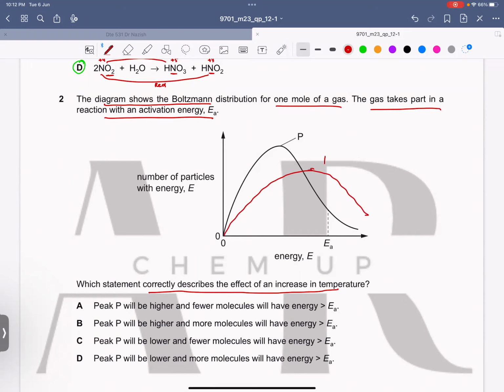So the peak P now will be lower, and here they are saying that it will be higher. So A and B go wrong. And if you look at activation energy, fewer molecules will have an energy greater than activation energy goes wrong, because now there are more molecules which have an energy greater than activation energy, right? So D is correct. D is your answer for question number 2.